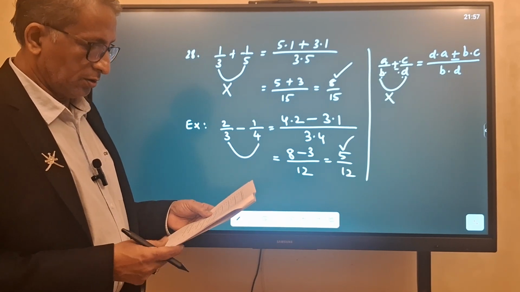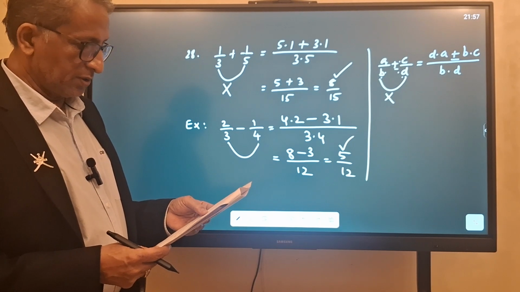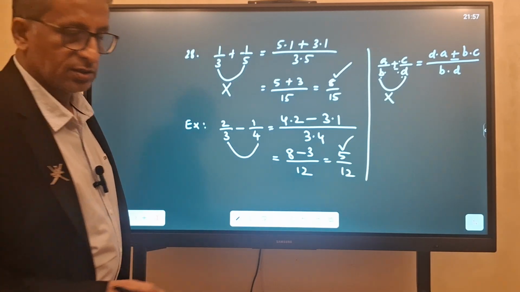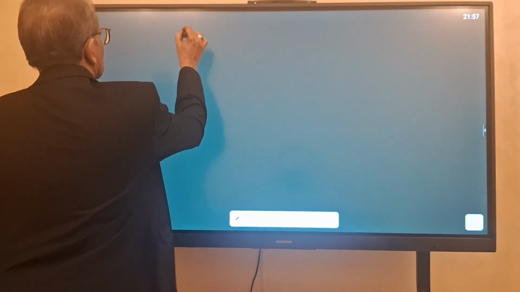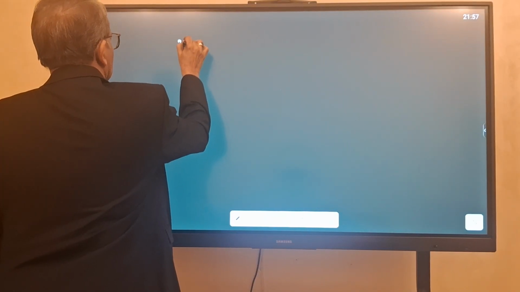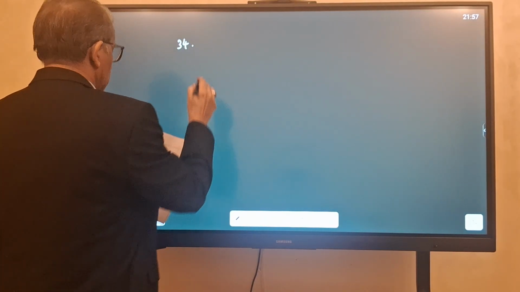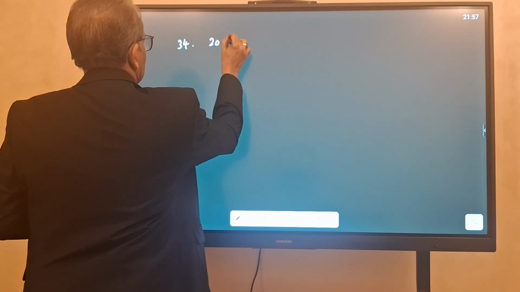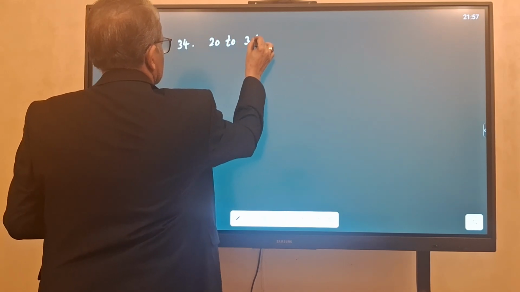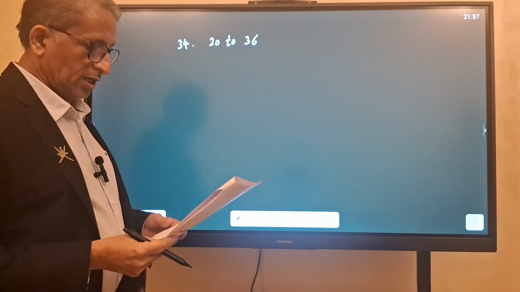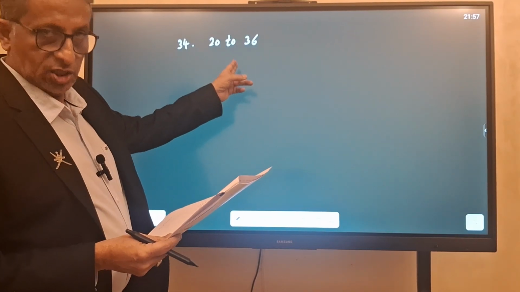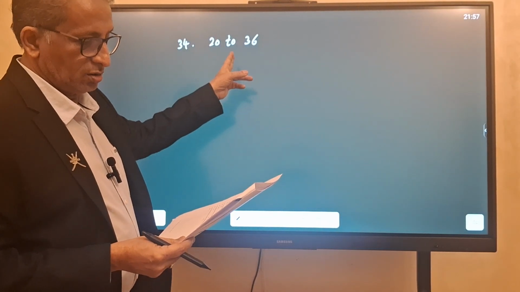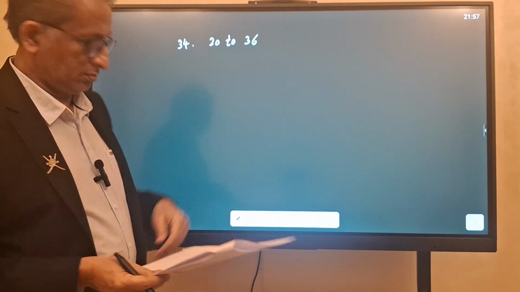Now we go to example 34 to 36. 34, what is given? 20 to 36 is given to you. And your question is, write this ratio as a fraction.